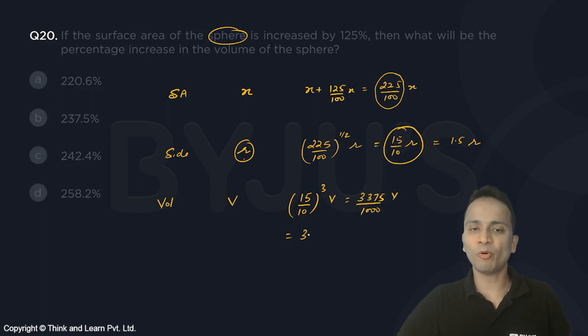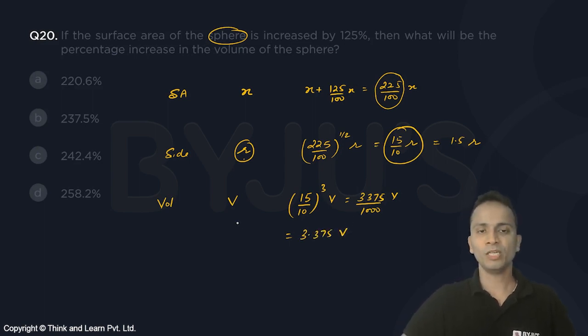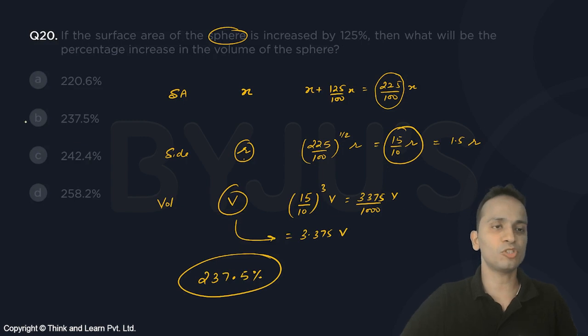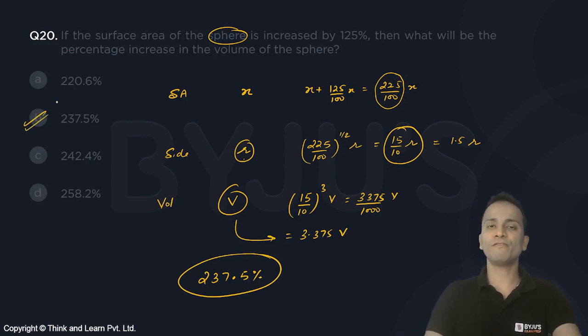That means 3.375 of the original volume. So from V to this value, there is an increase of 237.5%. So 237.5% will be the final answer for question number 20.